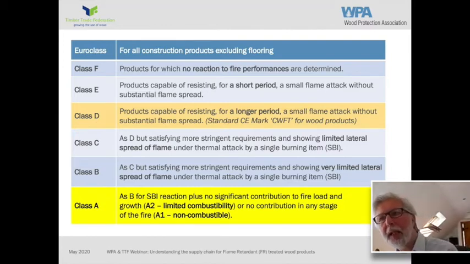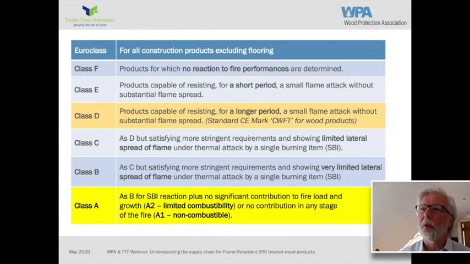And sadly, it is not technically possible to enhance a wood-based or any organic-based substrate, for that matter, to Class A. And so that has an impact on the use of wood products. We'll come back to that in a moment.